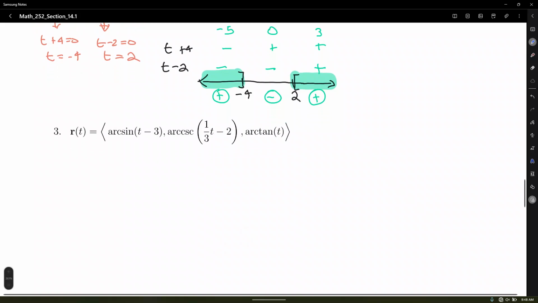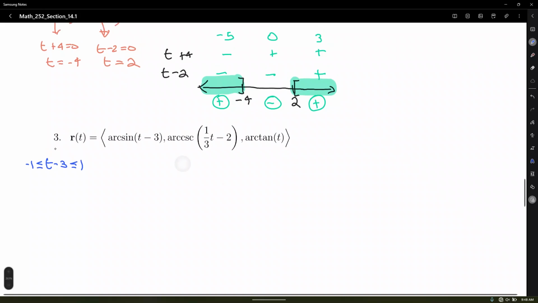So we need to set t minus 3 between -1 and 1, including the endpoints, because the function is defined at those values. When we have these kinds of three-sided inequalities, that is a compound inequality, our goal is to leave our variable in the very middle.